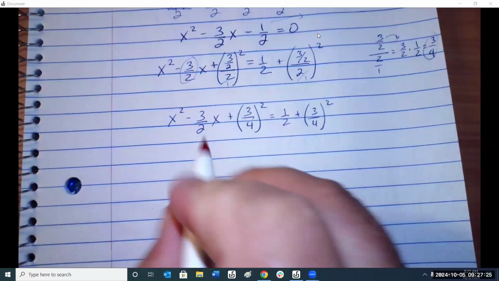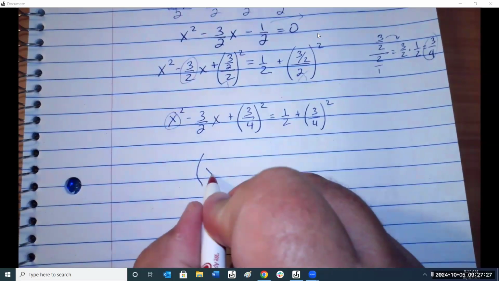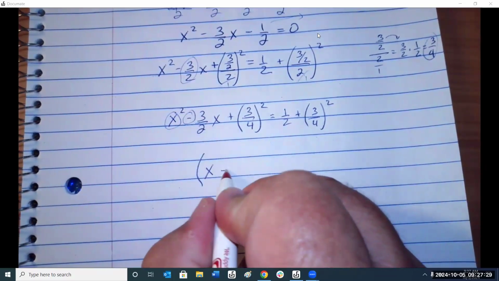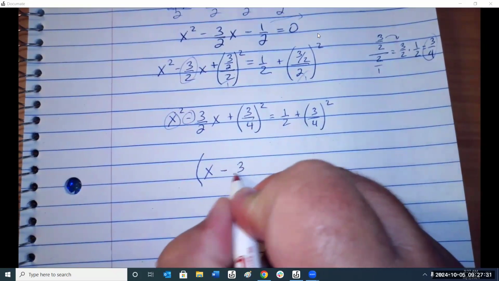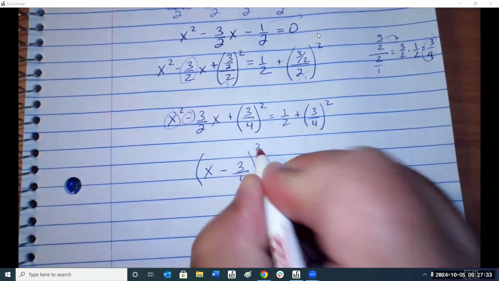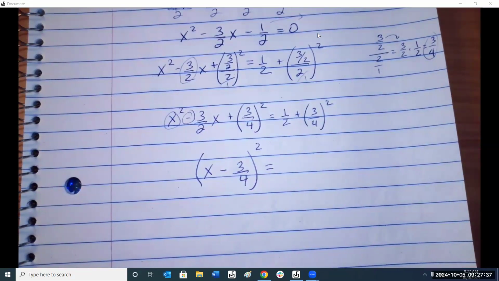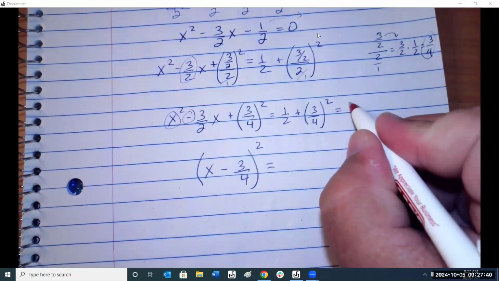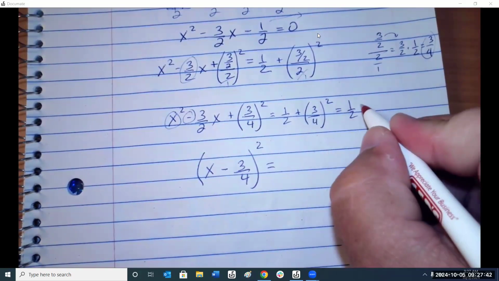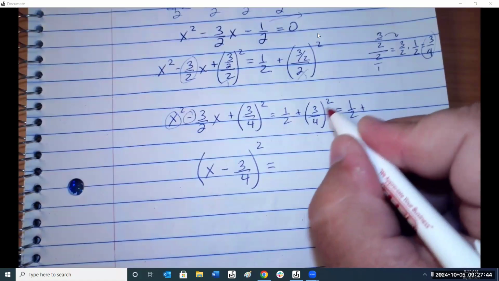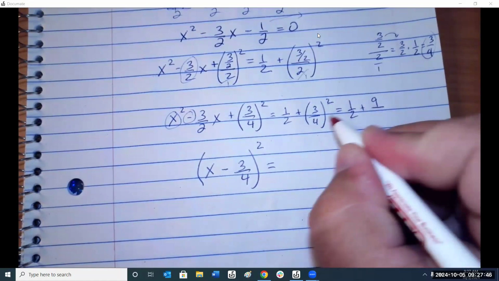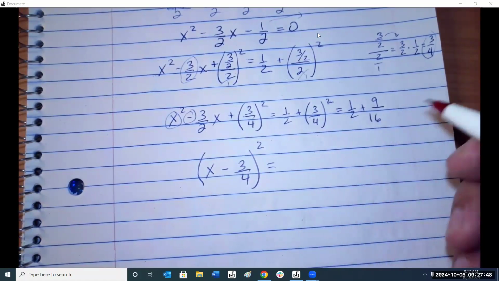The left-hand side, whatever's under the squares, whatever the first sign is, that goes in the parenthesis. Now the right-hand side has to get worked out. So it's 1/2. 3 squared is 9. 4 squared is 16.